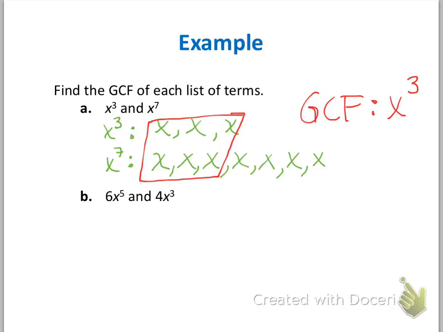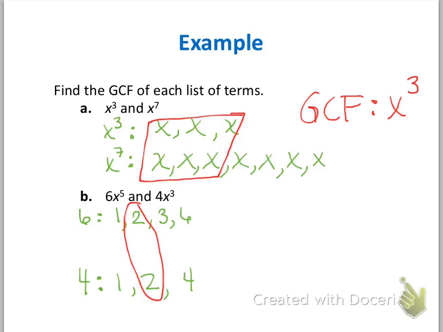Let's try the next one. The next one has both variables and numbers, so we have two things that we have to do. 6 has factors of 1 and 6, 2 and 3. 4 has factors of 1 and 4 and 2 times 2. So the greatest common factor of those numbers is 2. Then we've got to look at the variables.